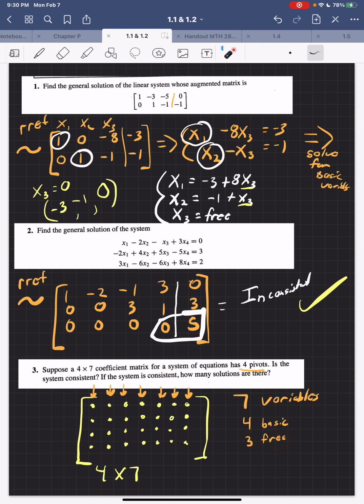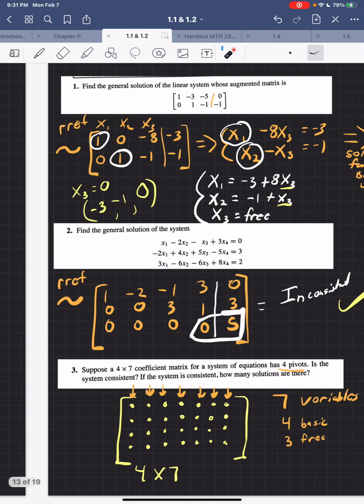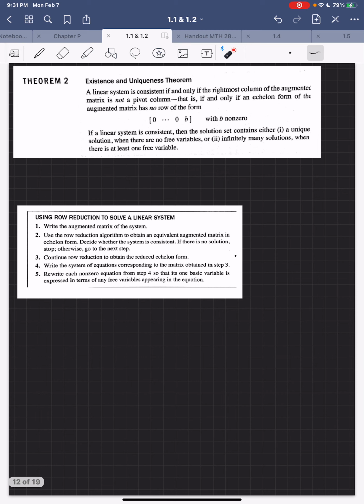But is it consistent? I'm going to scroll back to the following theorem. I have no choice but to read it in its entirety, and then I can try to give you an in other words. This is the existence and uniqueness theorem. Ready?